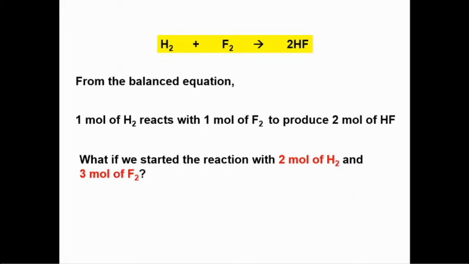However, what if we started this reaction not with 1 mole of hydrogen and not with 1 mole of fluorine, but instead with 2 moles of hydrogen and 3 moles of fluorine? How many moles of hydrogen fluoride shall we get? Right, so now let's look at how to solve this problem.